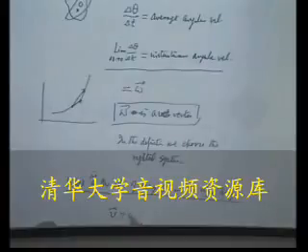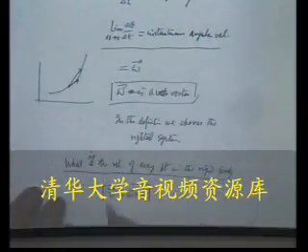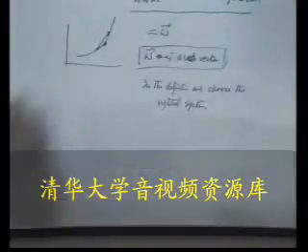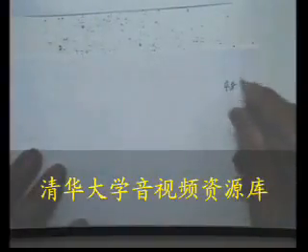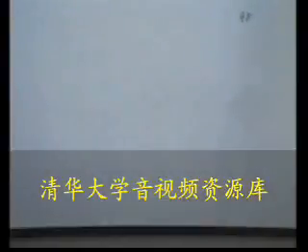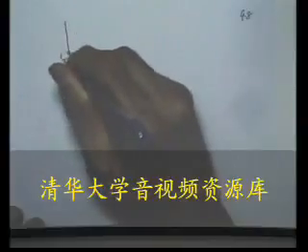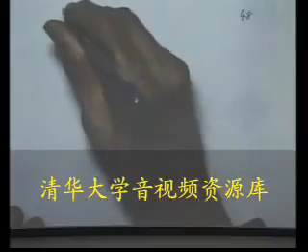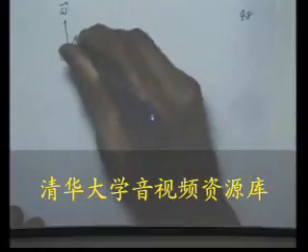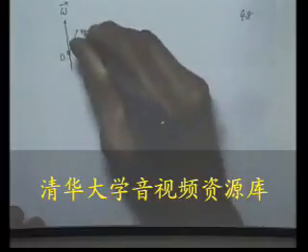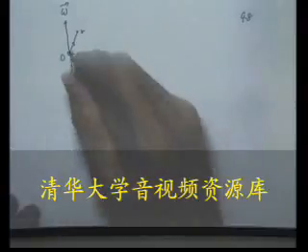And the fundamental formula is: this is point O, and this is omega. O is the fixed point, and we have just defined the angular velocity omega.